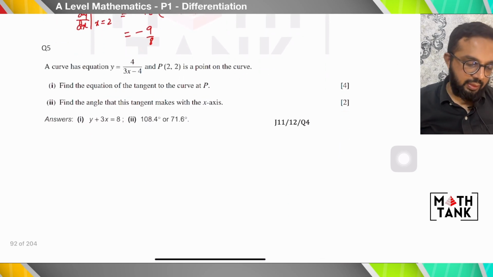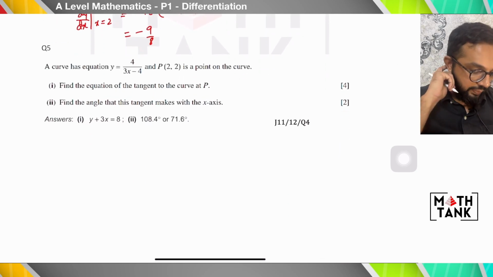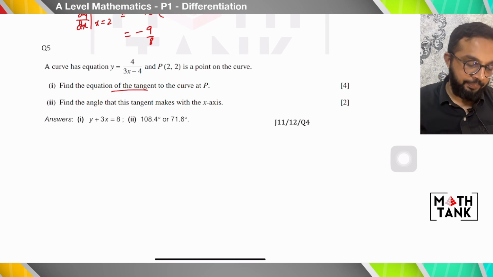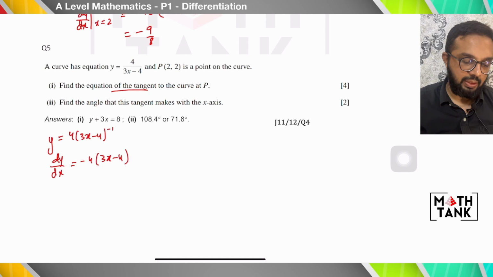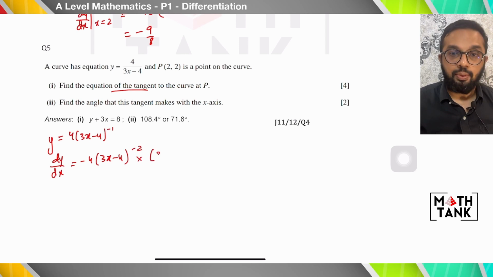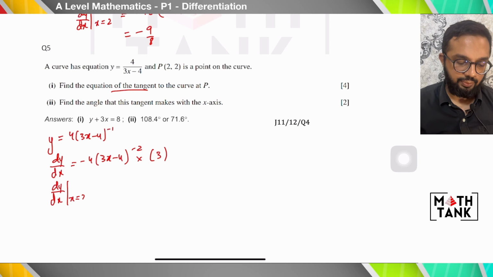Then question 5 says a curve has equation 4 over (3x minus 4), and (2, 2) is a point on the curve. Find the equation of the tangent to the curve at P. So I first bring it up. Again, what I need to do is dy by dx. So minus 4 (3x minus 4) power minus 2 times 3, the differential of the bracket. Then I use x equals 2.